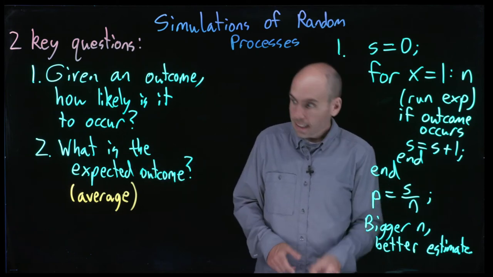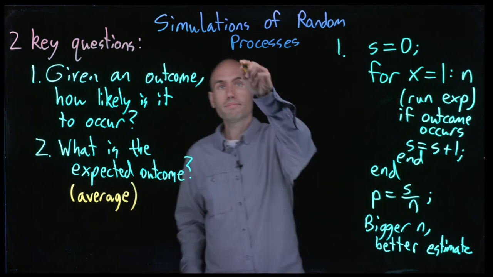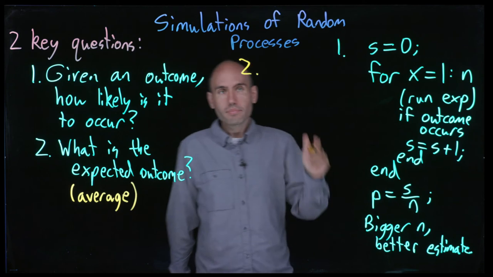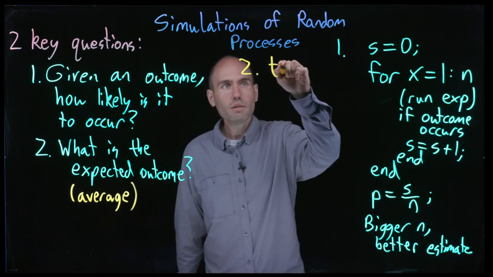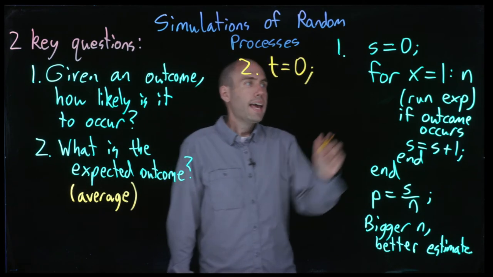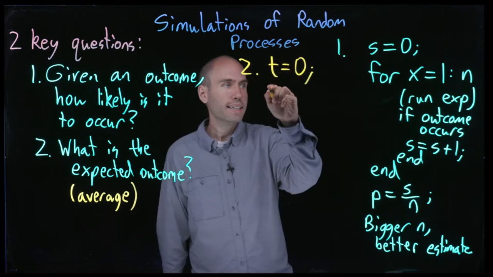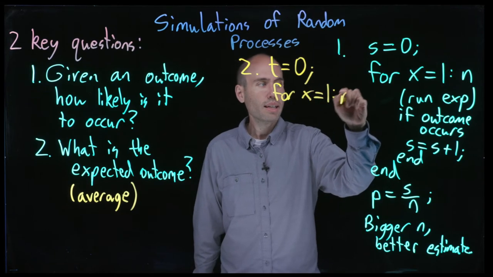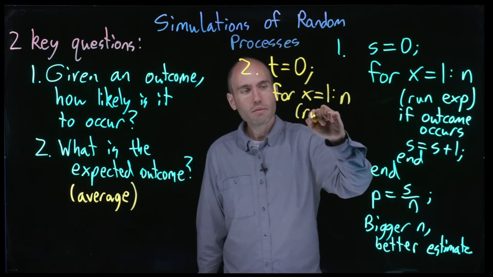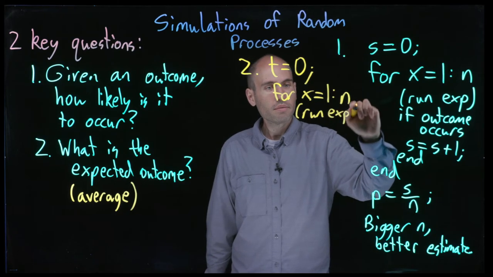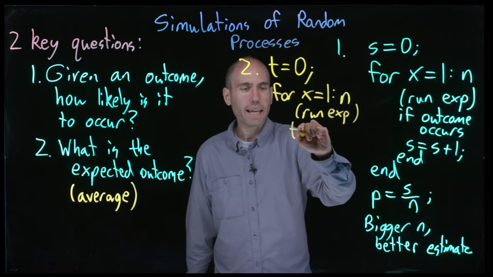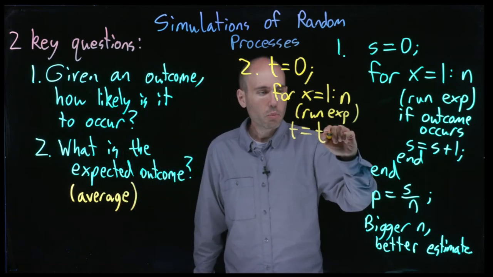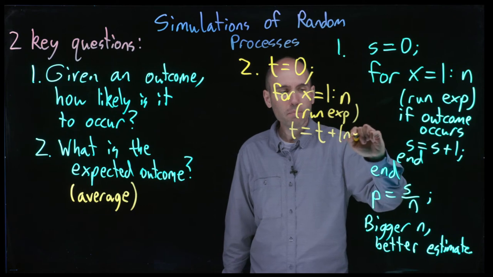So what about for this part 2? It's very similar. Let's write t for total. And then for x from 1 to n, we're going to run the experiment. And then we're going to replace t, the total outcome of all of these experiments, by adding to it the new outcome.